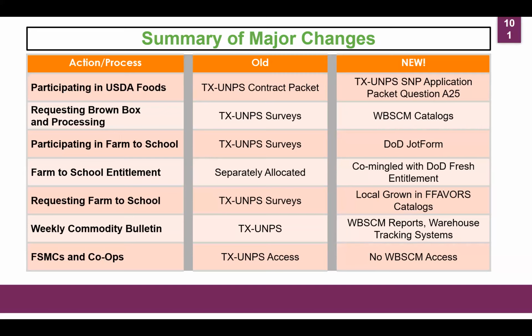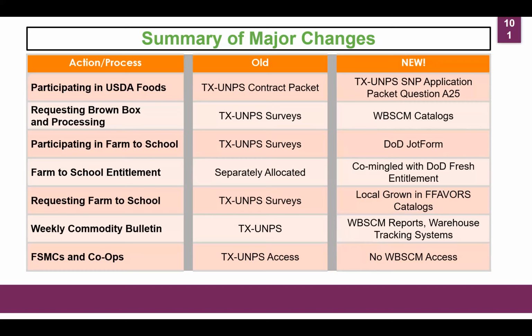If you want to participate in farm to school, again, that was in TXUMPS. And now you will just complete a JOT form saying that you want to participate in DoD. Previously, farm to school entitlement was separate, and now it'll be commingled with DoD. So you'll have one dollar amount, and you can decide how you want to use that, whether you want to use it all for DoD or use some for local grown.